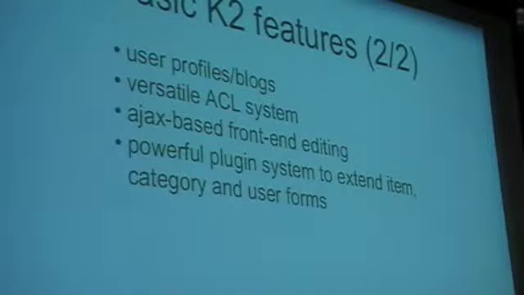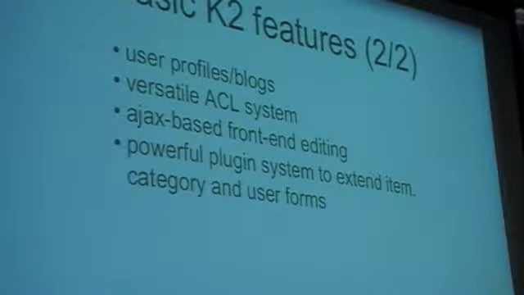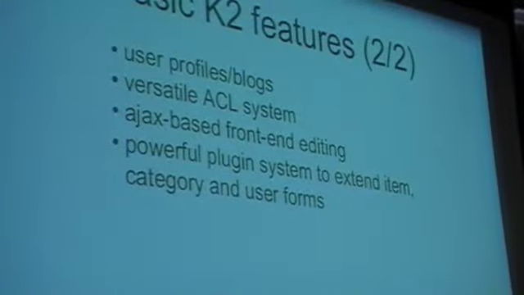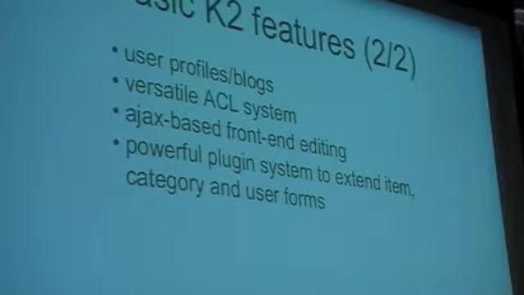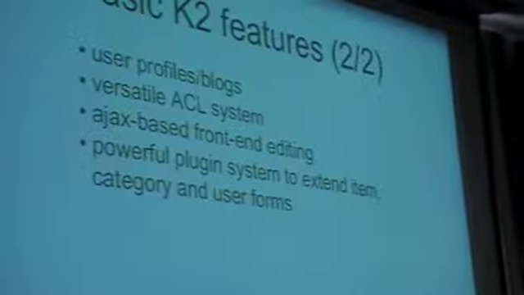We now have a versatile ACL system, which is integrated within K2. The idea was, again, that we could not wait for Joomla 1.6. So we built a small ACL system with the basic features that we're going to need. What are these features? You want to have control over who edits what, or who comments what.